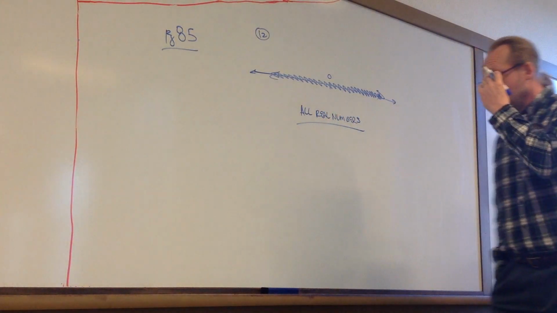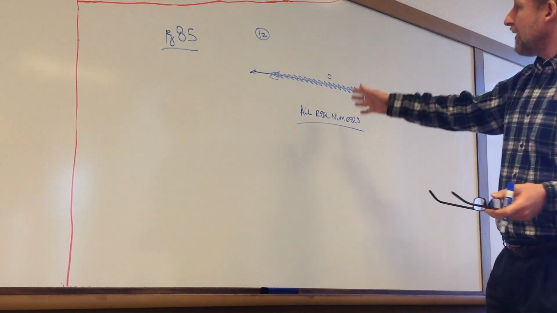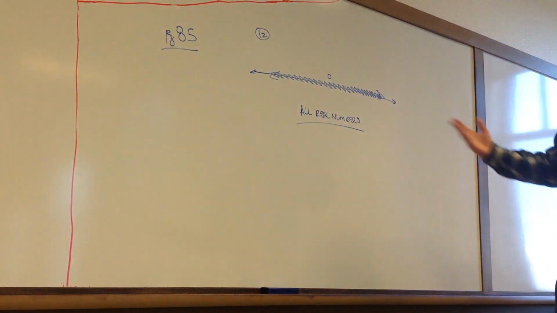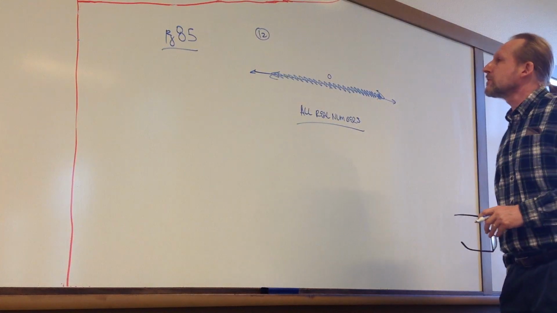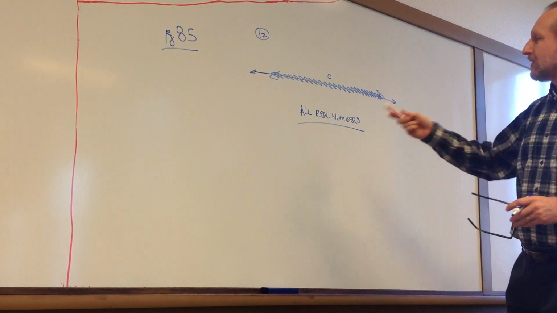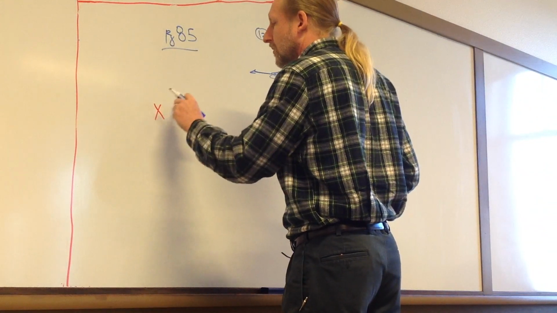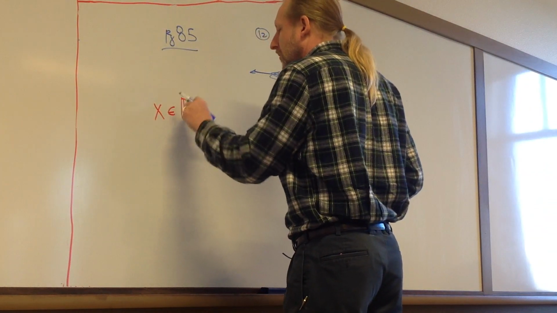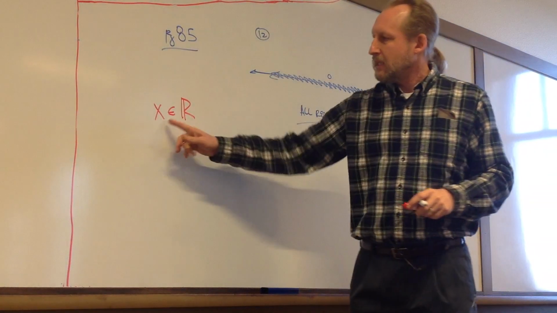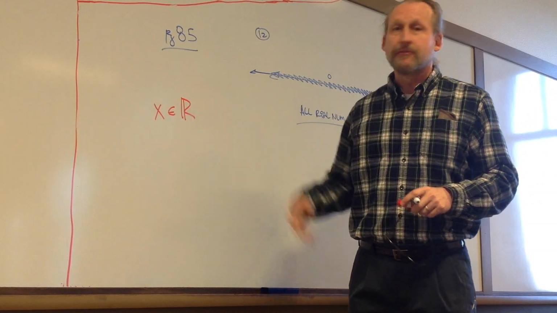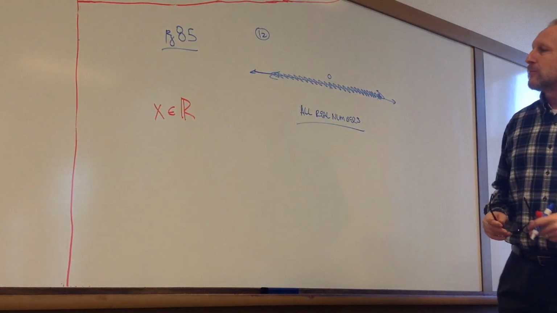If you ever had a question where you needed to indicate the entire number line, you can write all real numbers. The mathematical symbol to represent that looks like this. You don't have to worry about that, but this just says x is a member of the set of real numbers. Mathematicians use that double-barred R to represent the set of real numbers.